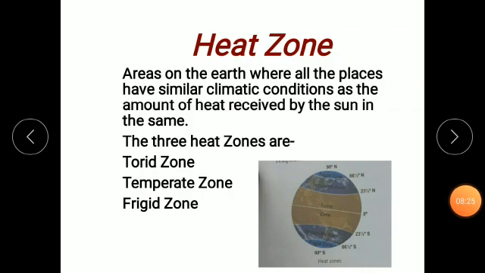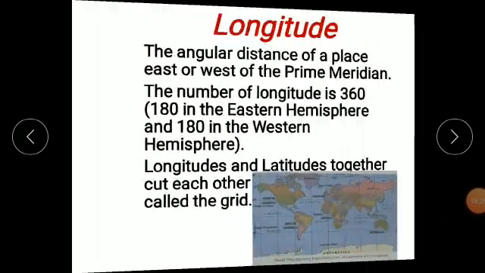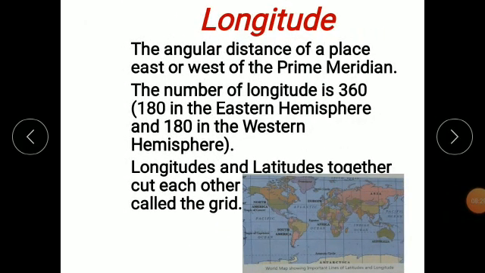Now students, let's know the longitude. A longitude is the angular distance of a place east or west of the prime meridian. These are lines of reference drawn in the north-south direction from the North Pole to the South Pole and measured in degrees.